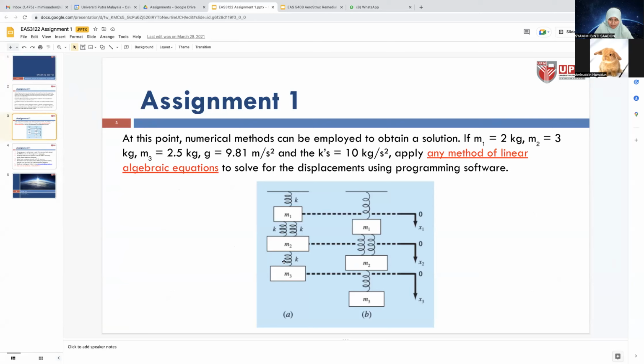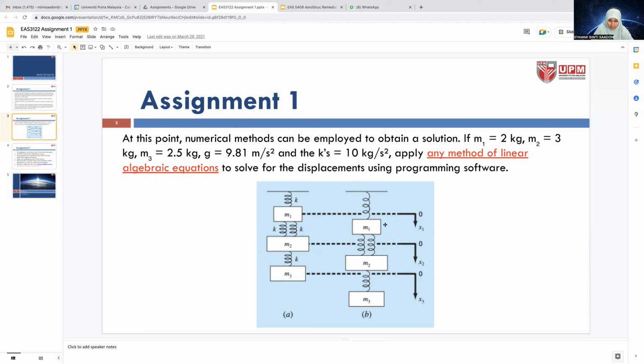If you have three masses here, M1, M2, and M3, with gravitational acceleration 9.81, and the stiffness of the spring K is 10 kilogram per square second, apply any method of linear algebra equations that you know to solve for the displacement using programming software. So you need to calculate the displacements x1, x2, and x3.